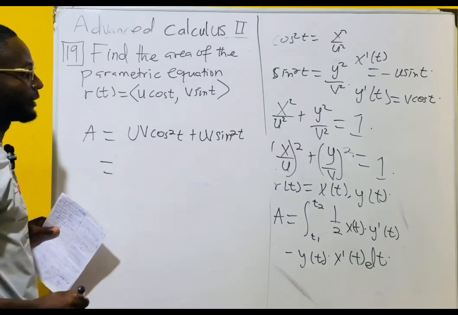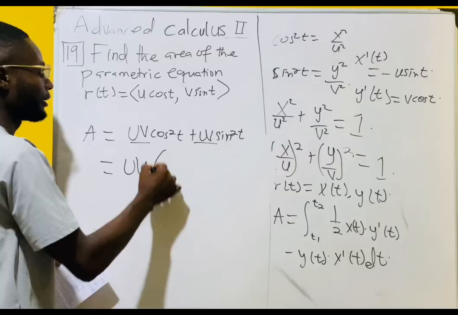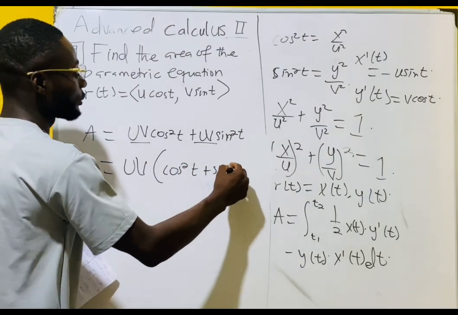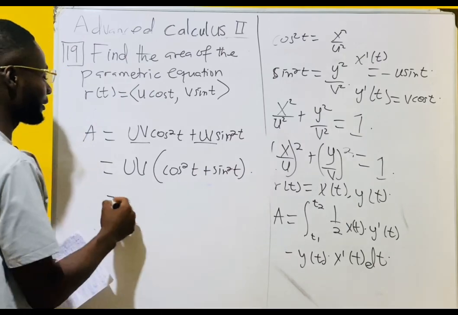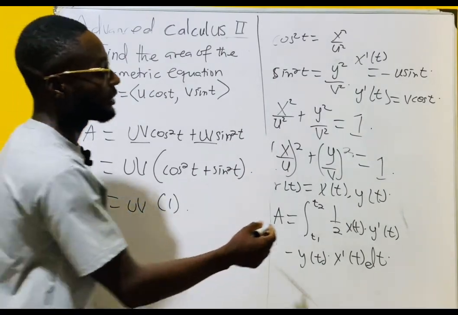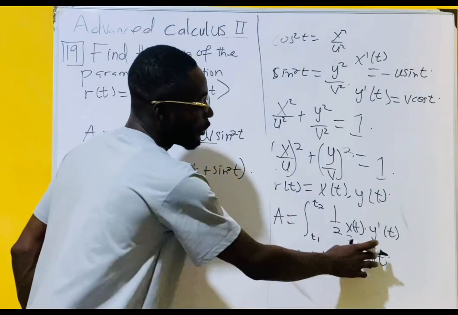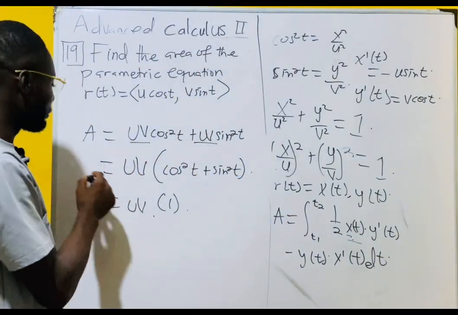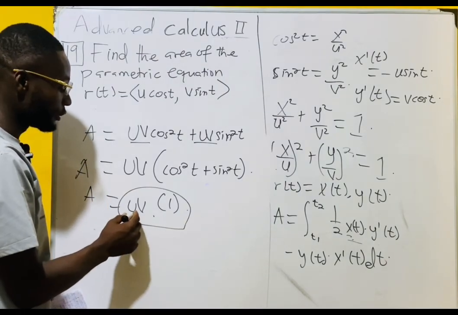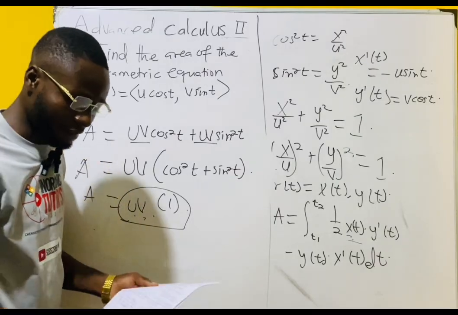And this is common, so we're going to have uv into cos squared t plus sin squared t, right? And this is uv into 1. So after substituting x prime of t and y prime of t and combining, we have uv.